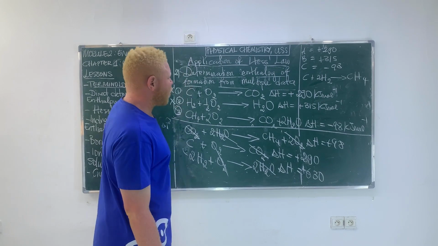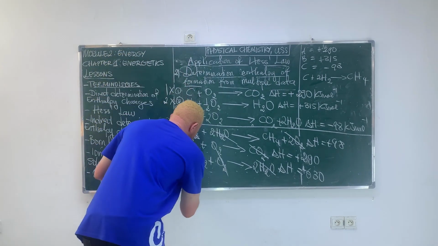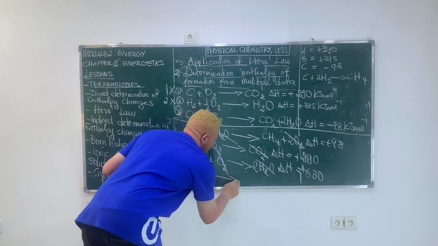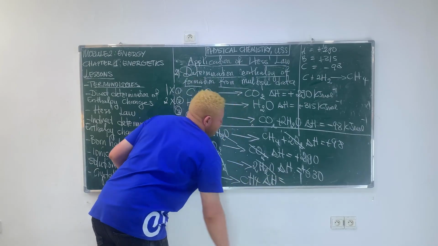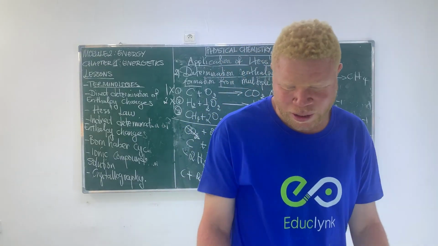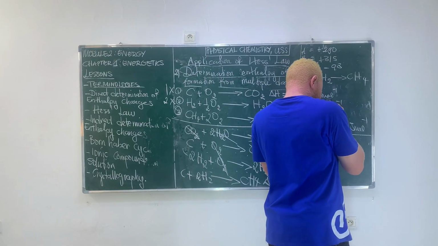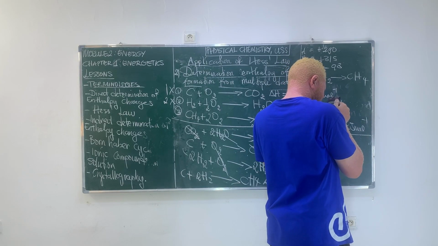And then, let me come to what's left. What's left is C plus 2H2 giving CH4. Here delta H equals... Then I add the enthalpies: 98 plus 290 plus 630.